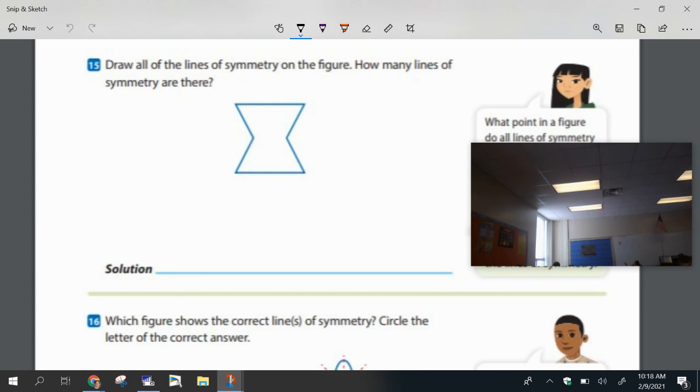All right. I'm going to randomize this one. I really hope it lands on Emerson. But I'm thinking it's going to land on Finley. Or Mallory. Mallory, do you want to come up and draw the lines?